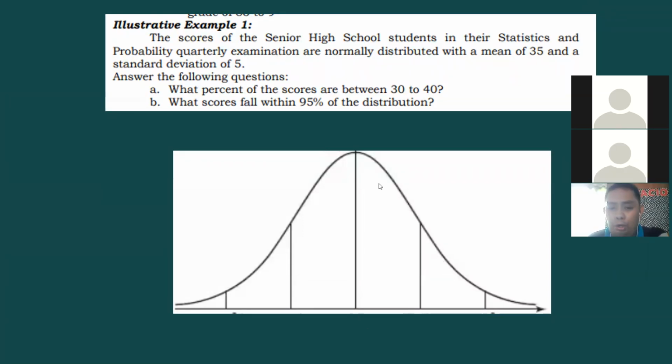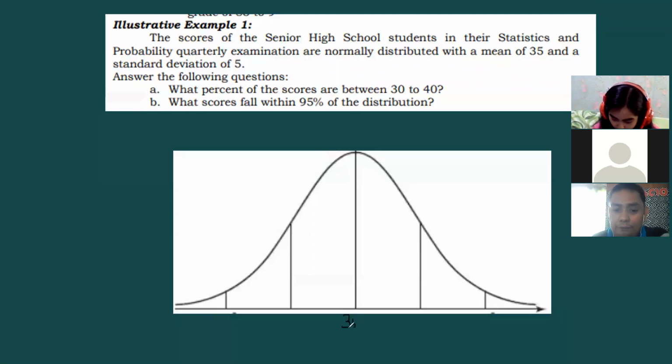Okay po. So this is our normal curve. So since our mean is 35, your expectation ay, ito ay 35. That's 35. Yung gitna. Ngayon, punta tayo sa unang cut.